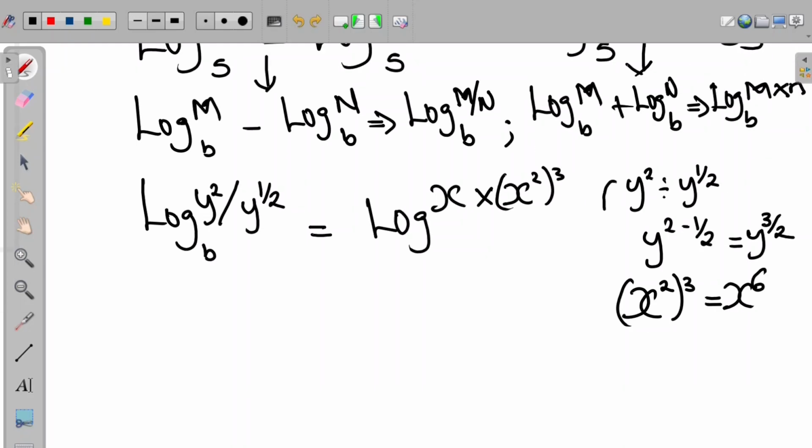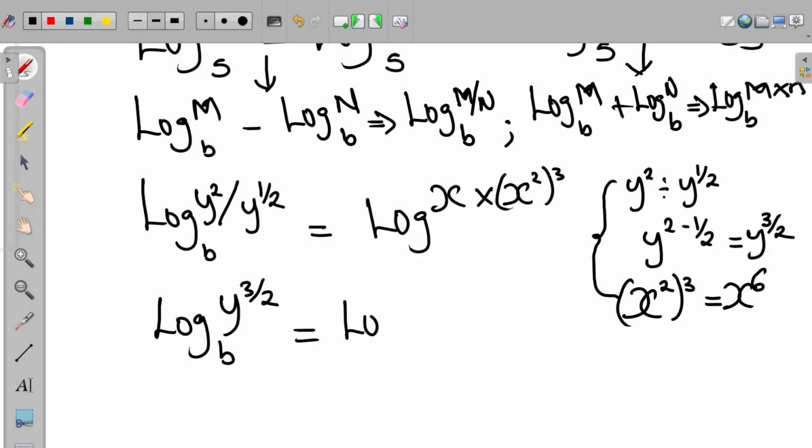So from the simplification we have done, the left-hand side becomes log y raised to the power of 3 divided by 2, in base b, equal to log x multiplied by x raised to the power of 6.